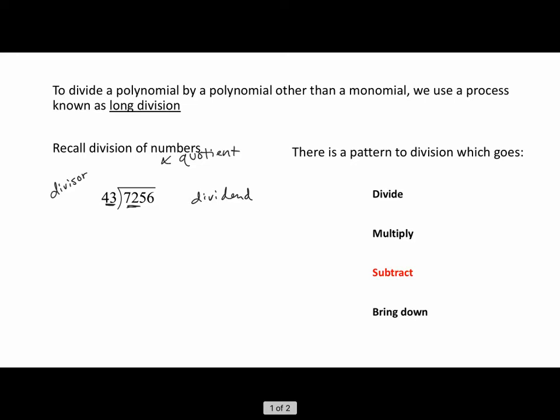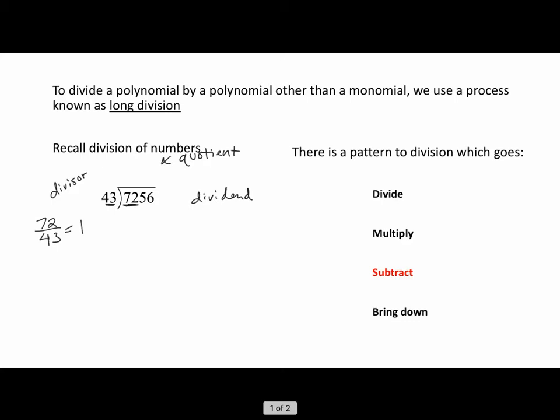Okay, so let's start with how many times 43 goes into 7. Since 7 is a smaller number, we're going to move over another place and see how many times 43 goes into 72. If we're not sure, we can divide, and whatever we get as our whole number is going to be what we put in our quotient.